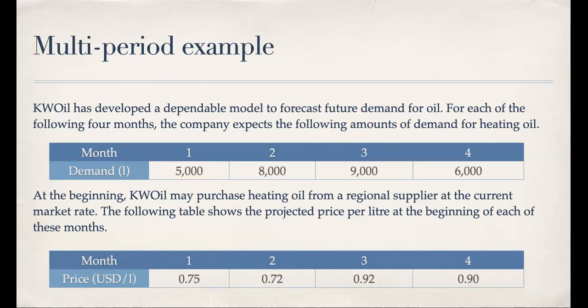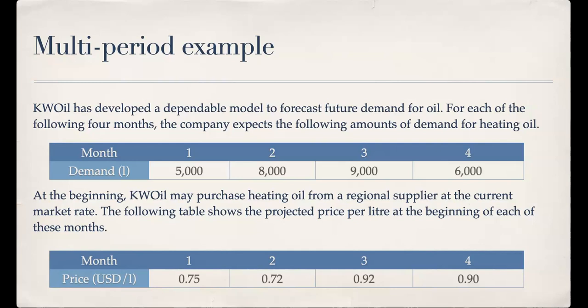From the name of the problem, multi-period means you are dealing with several periods of time. For example, the first month, the second month, the third month, and so on. You have a period of time to solve the optimization problem, but you have multiple periods, so the problem is called multi-period.